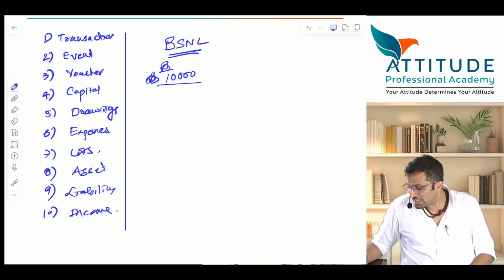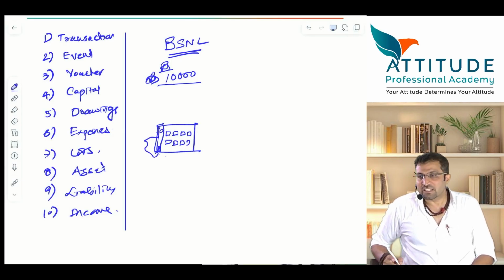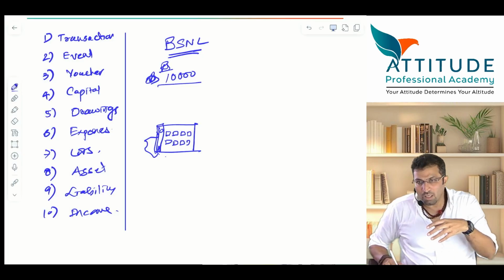So connection mila, and should I buy the telephone instrument, or the telephone instrument is given by the, this is a telephone instrument. Is it given by BSNL, or should I only purchase it? I should purchase.